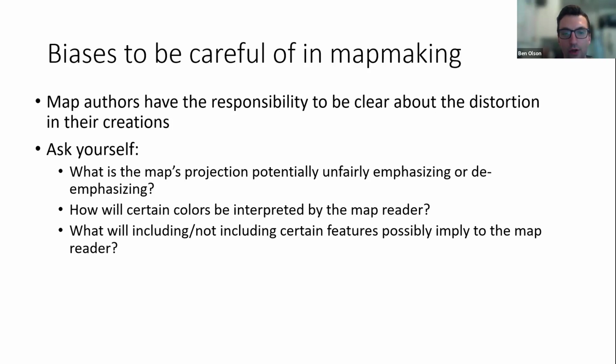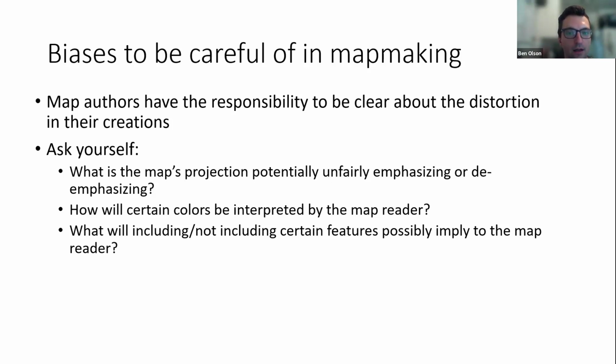And then what will including or not including certain features possibly imply to the map reader? Maybe you've chosen a specific study area for your map, but there are nearby features that people might expect to see just because they're nearby, and you've chosen not to include them because of the boundary area you've set for the data you're working with.